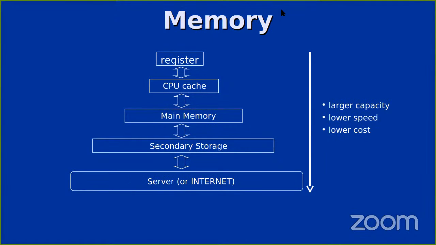Why can't I use that as a RAM? Have you ever thought about this? We have 4 GB of RAM, we have 8 GB of RAM, but we have 500 GB of hard disk, we have 1 terabyte of hard disk. Now why can't I use it?